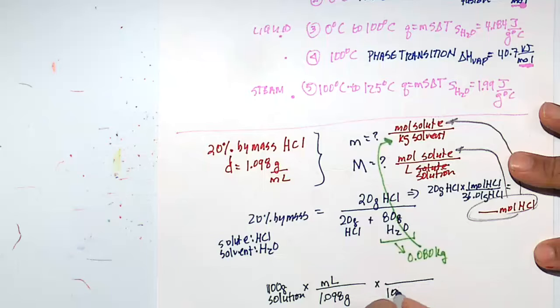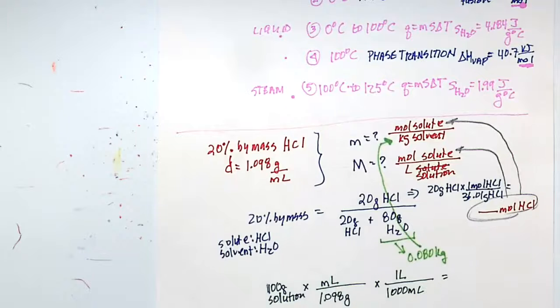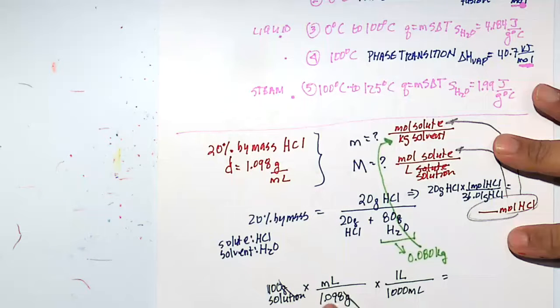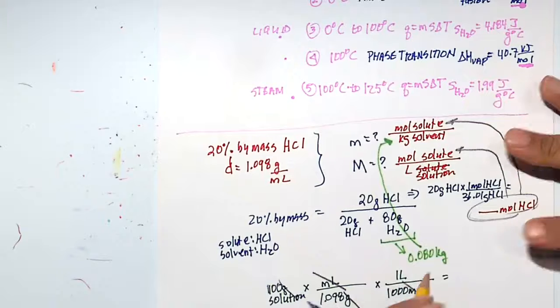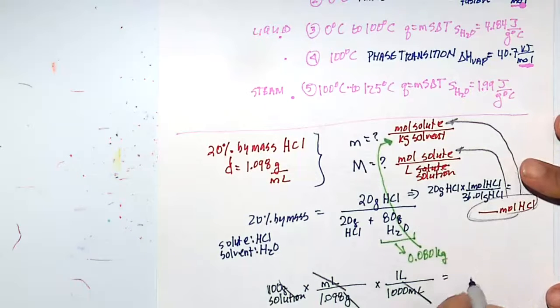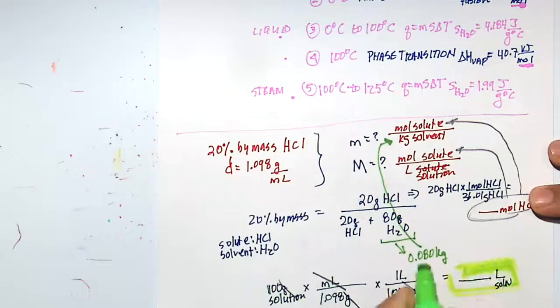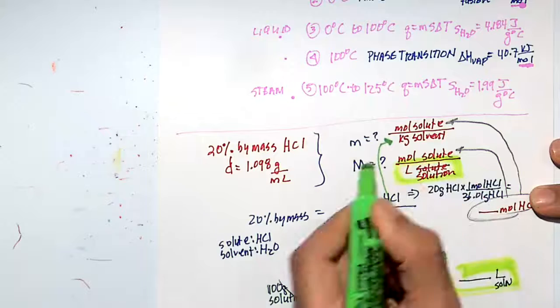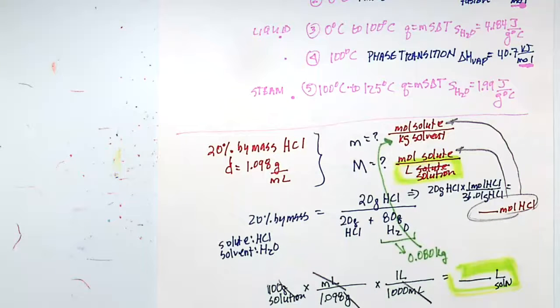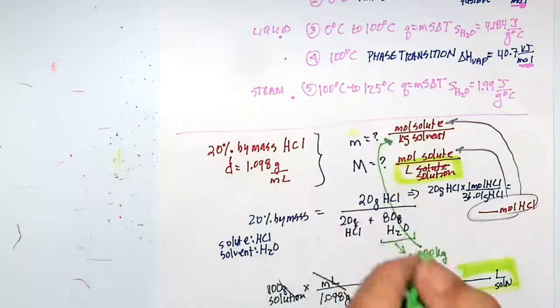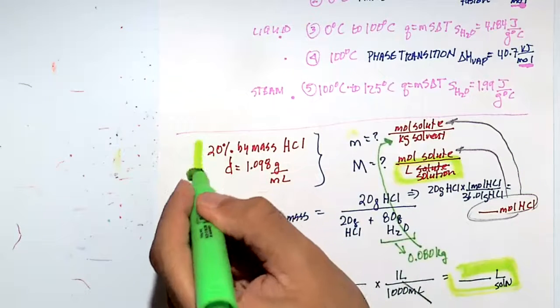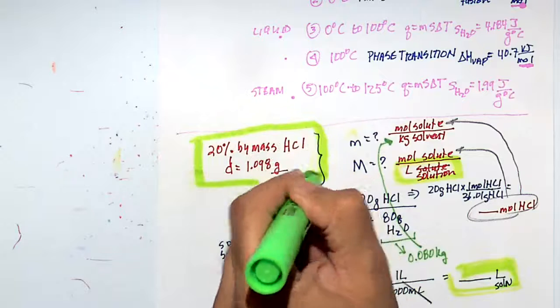And we know that for every 1,000 milliliters, there's 1 liter of solution. And you notice here the grams of solution cancels with the grams of solution, the milliliters cancels with milliliters. And that should give us our liters of solution. So we have all that we need to get the molality and the molarity given the mass percentage of this HCl.